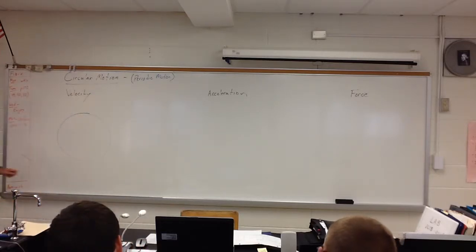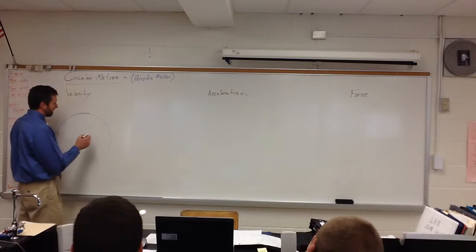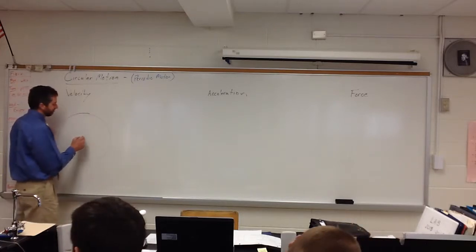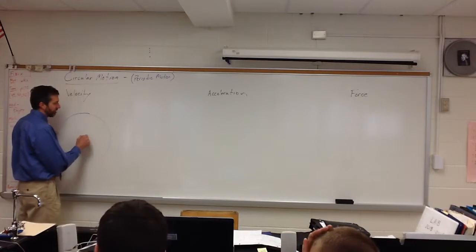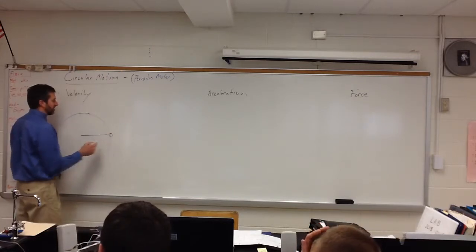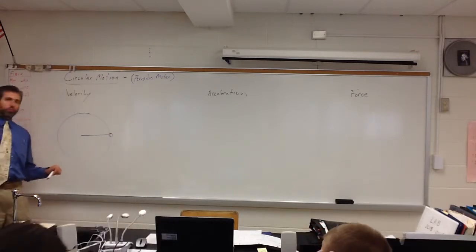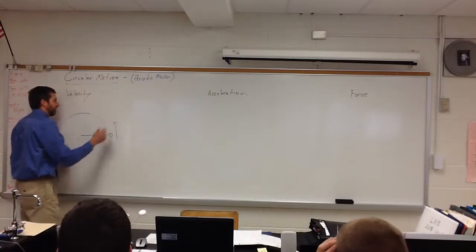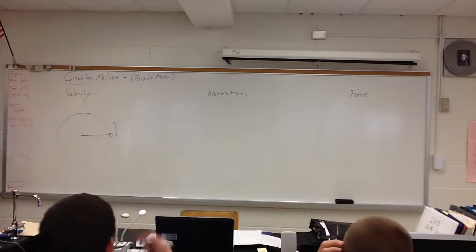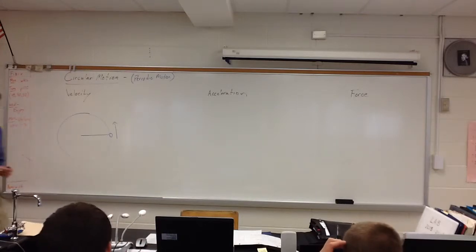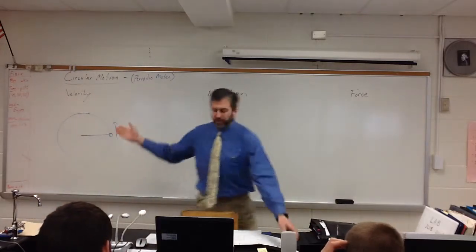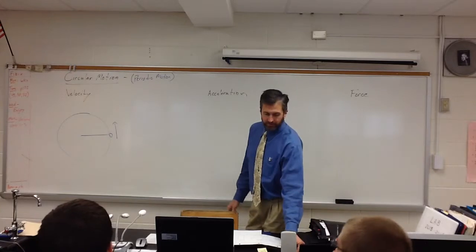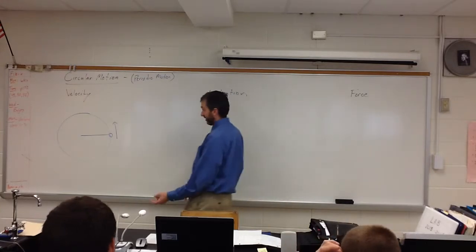So anyway, you got some object. Say this is a top view and you got a string with a rock on the end of the string, and you're spinning it over your head. This object's going around and around. If we look at this object at the point I've drawn it right now, if that string were to break, where does the rock go?